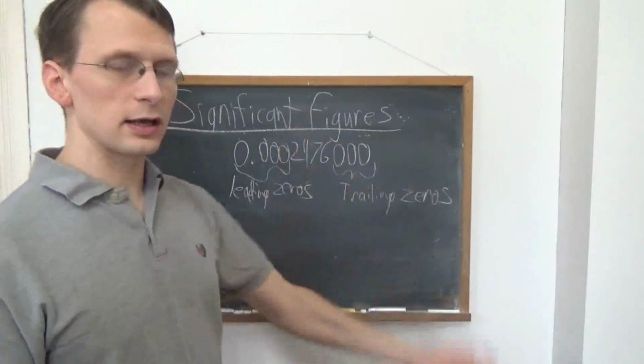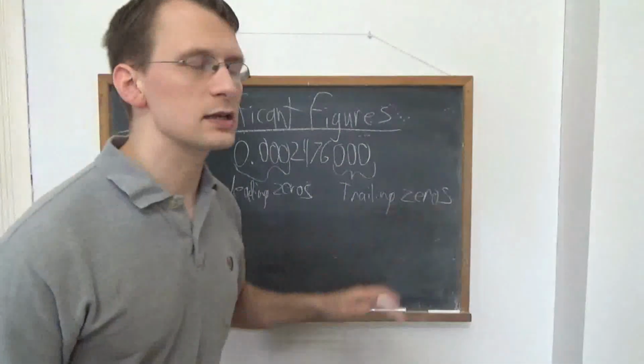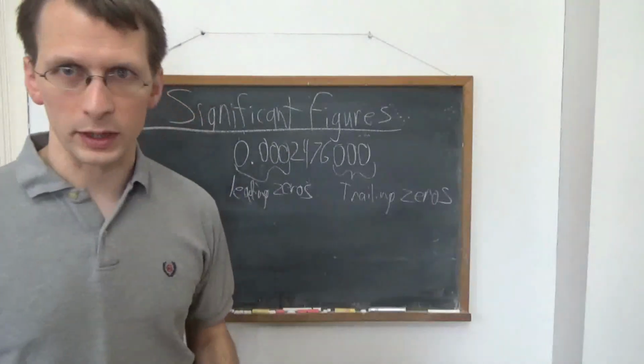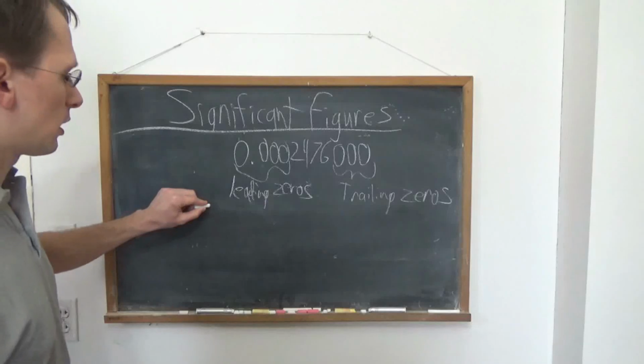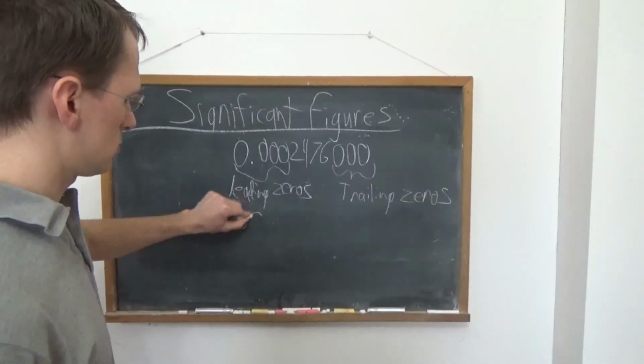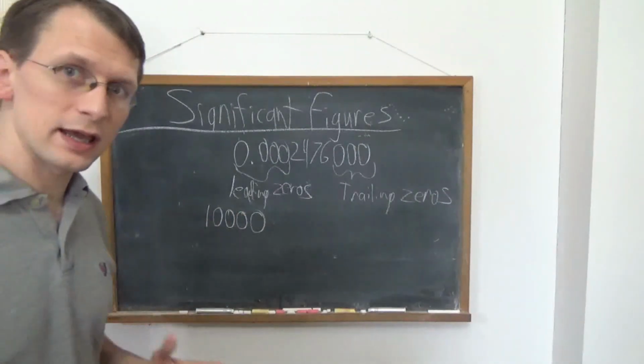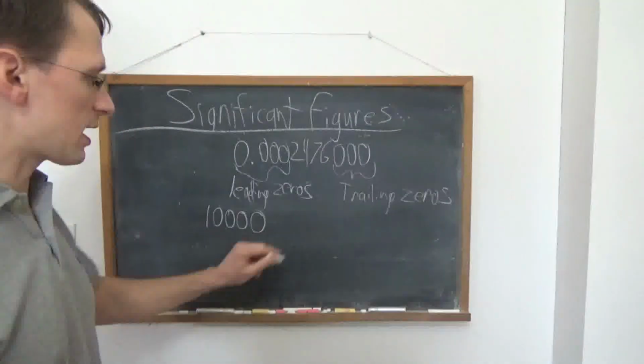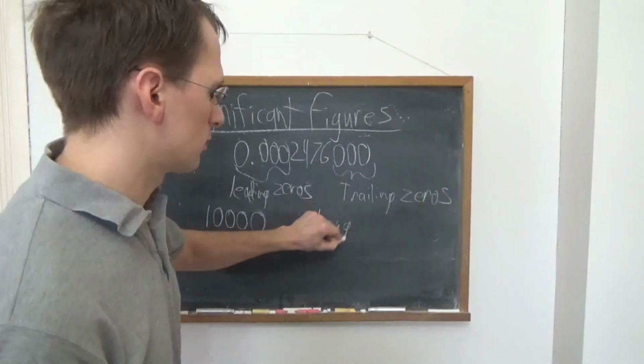When it comes to the trailing zeros, these trailing zeros count depending on where the decimal point is. So if we have the number 10,000, just written like that, since there's no decimal point there, this only has 1 sig fig.